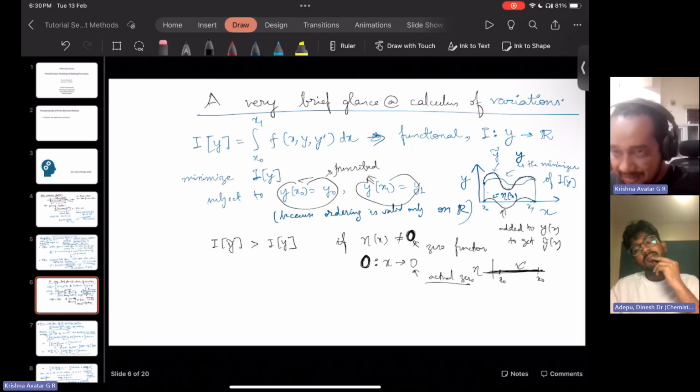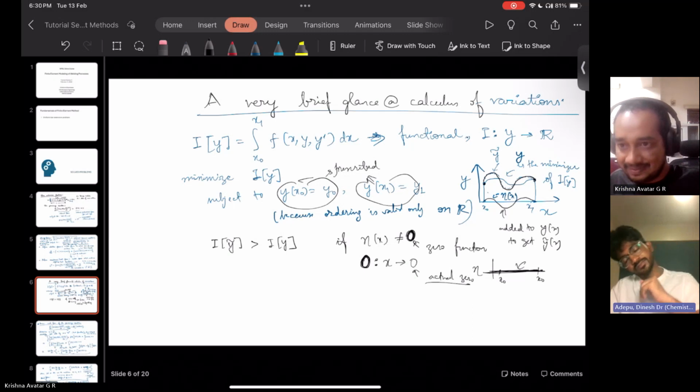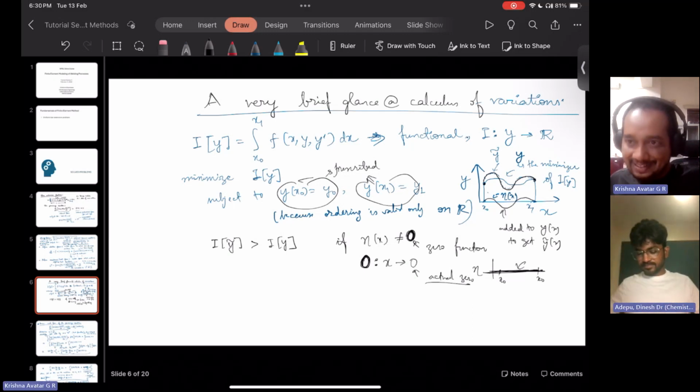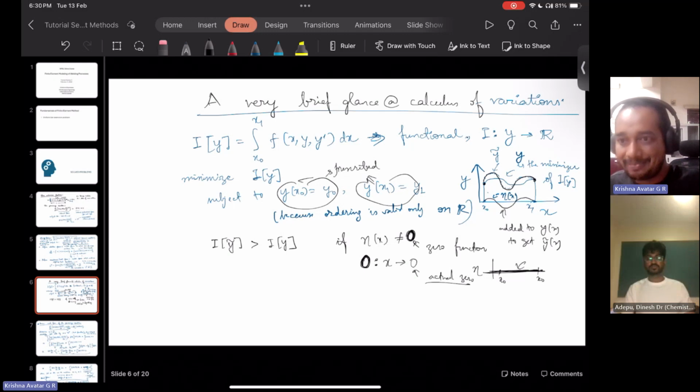That's why when I'm adding perturbations, I cannot perturb at the boundaries, because we are no longer solving the same problem.